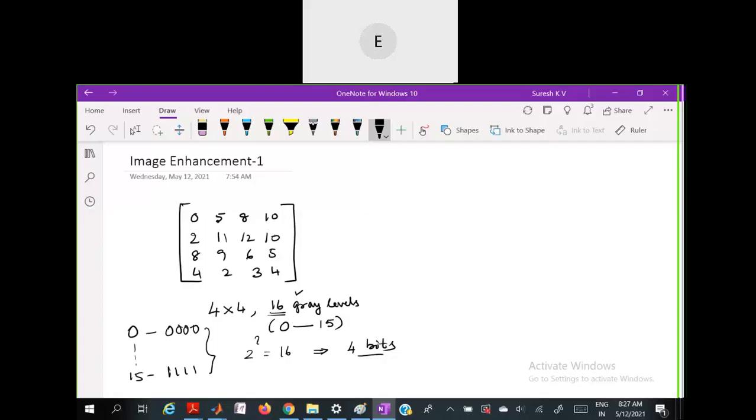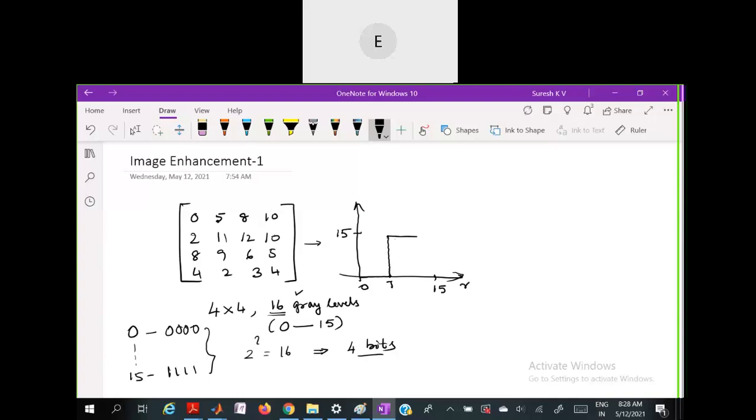Let us assume that I need to use a transformation function, something like this. As you saw, the input values are from 0 to 15. Now I will use a transformation of this nature. Up to 7 it is this, then after 7 it will go to 15.